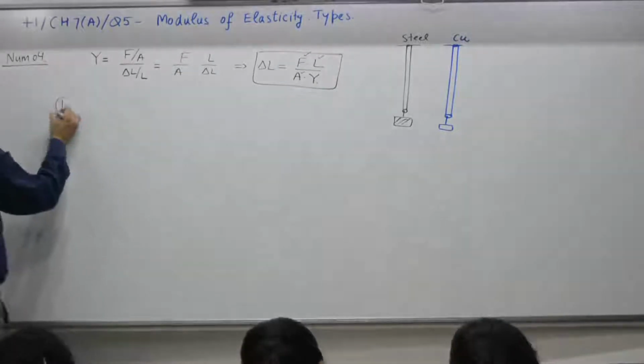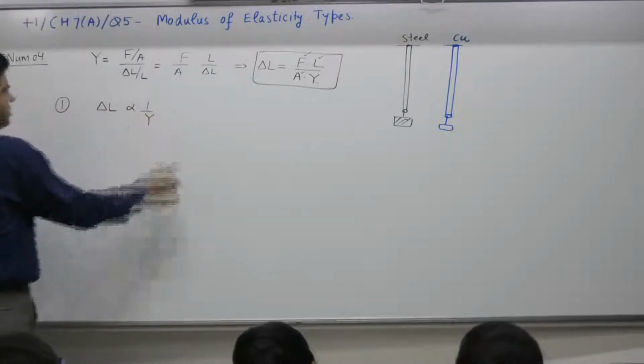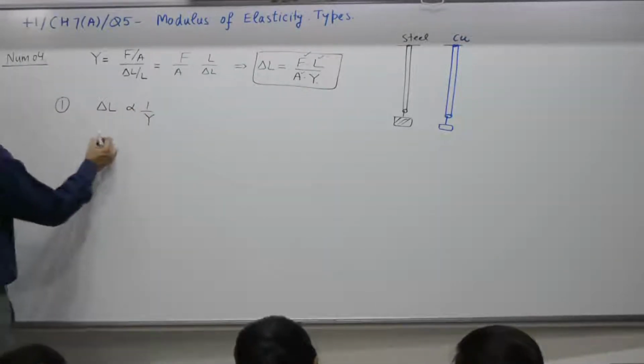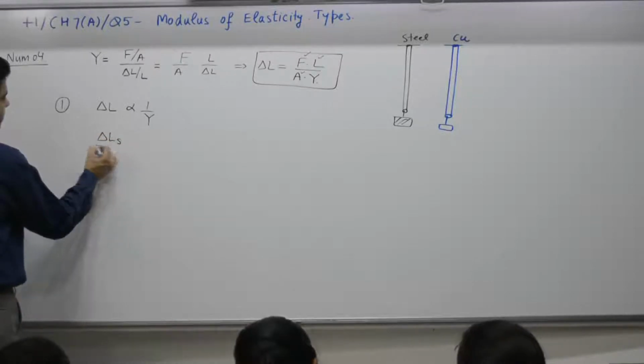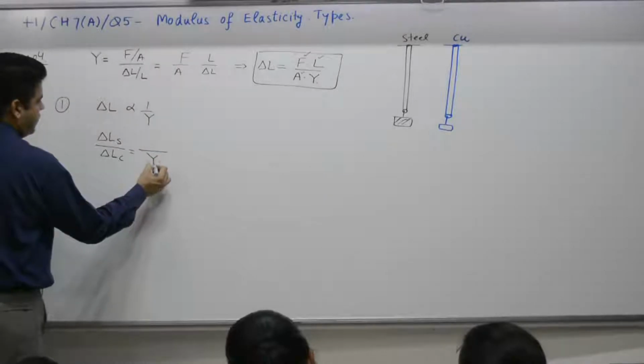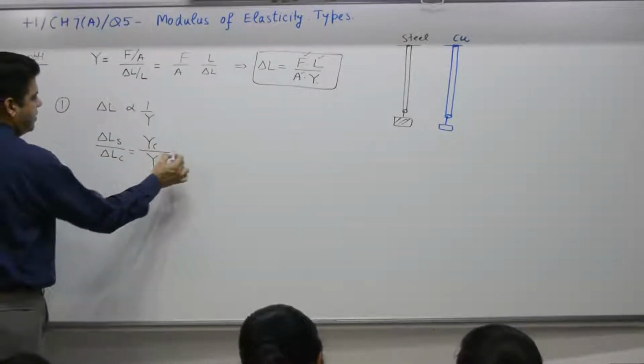So, for this particular numerical, delta L is inversely proportional to Young's modulus. Increase in length for steel to increase in length for copper is equal to Y for copper over Y for steel.